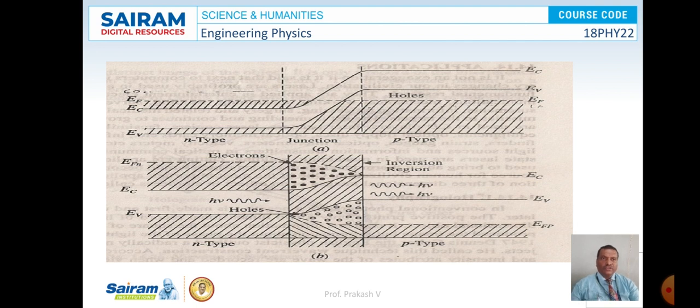So the population inversion is achieved here. Whenever an electron transits across the PN junction, jumping from the conduction band to the valence band, the difference in energy will be emitted in the form of a photon. So here the wavelength of the photon emitted will be 8400 angstrom. So this is the construction and working of the semiconductor laser diode.